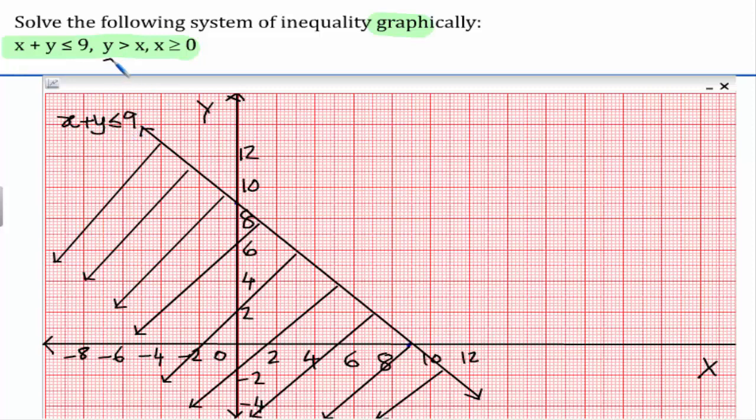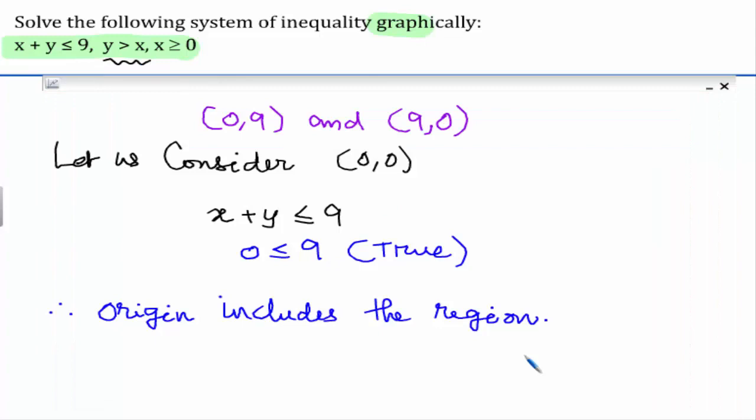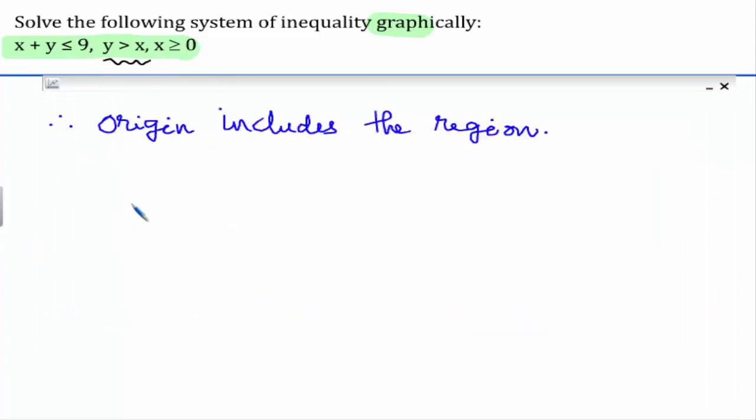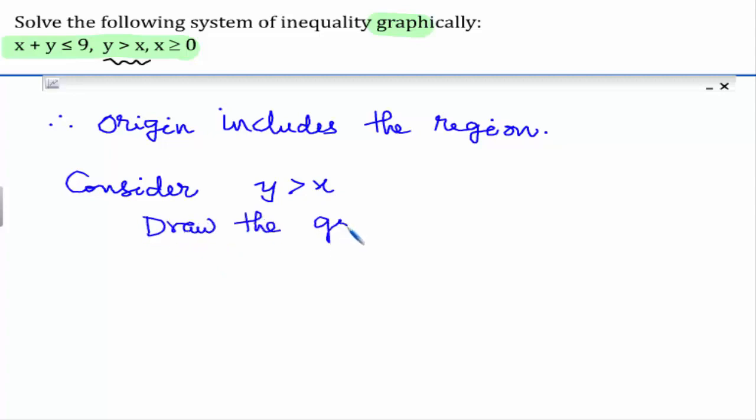And now we have to select the second one. Let us consider the second inequality, which is y greater than x. To find out the solution of this, we need to draw the graph of y is equal to x, and this is the line which passes through the origin, with the same coordinates.